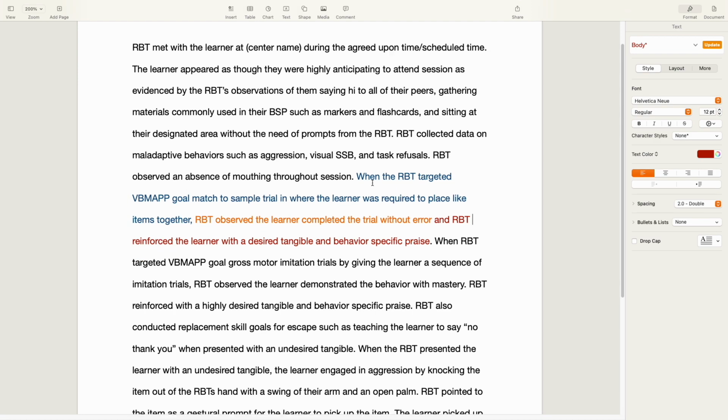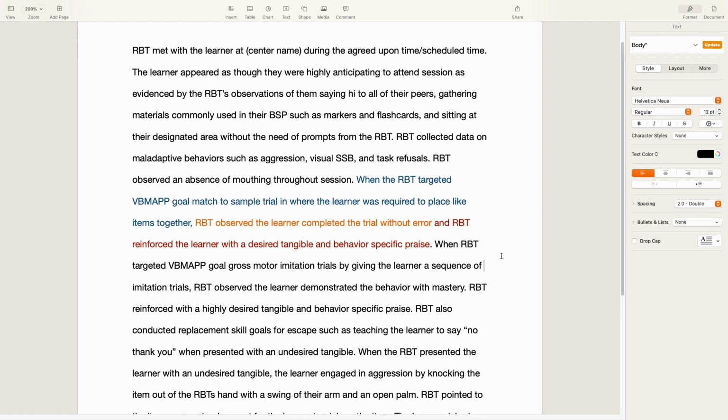When the RBT targeted VB-MAPP goal matched to sample trial, right? So we're saying it's from the VB-MAPP. We're saying what it is in the VB-MAPP. And then we're saying the learner was required to place like items together. That's very specific.